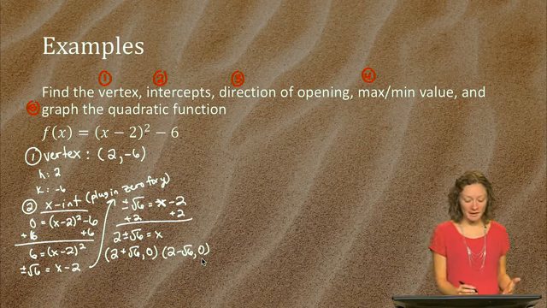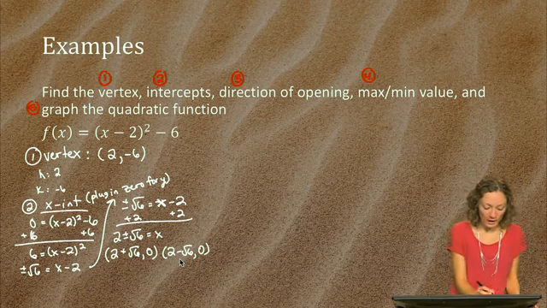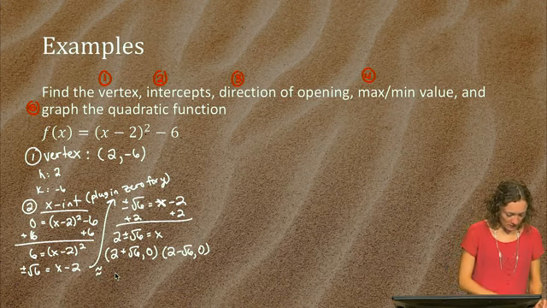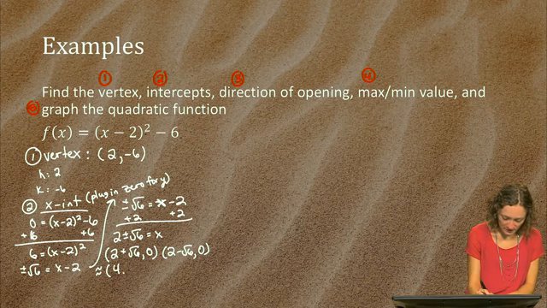If you're graphing this by hand, you need to know what that number would be. So I'm going to get an approximation for each of these. 2 plus root 6 looks like about 4.4, comma 0.